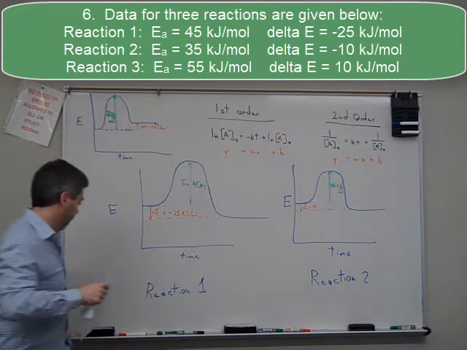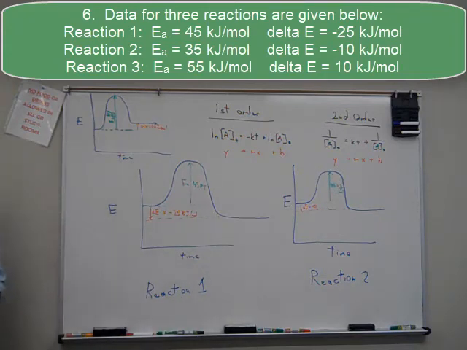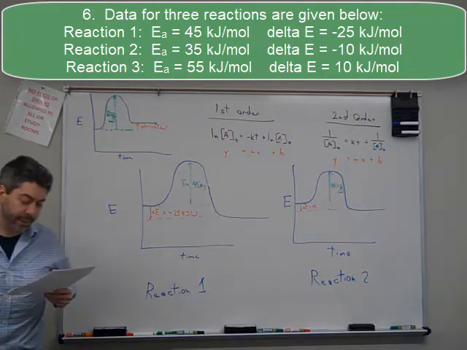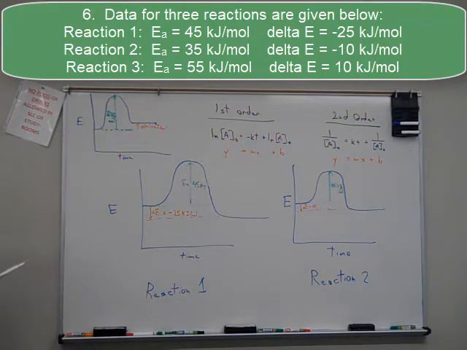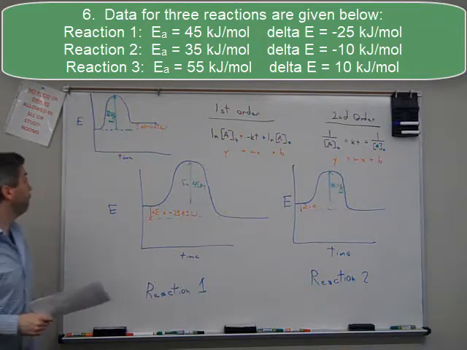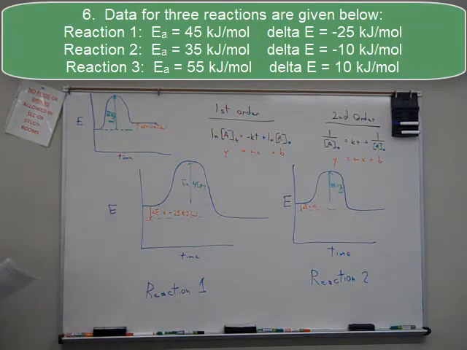Now, the question then says which of the reactions below will be the fastest in the reverse direction? The fastest in the reverse direction. Wait, I mean the third one?